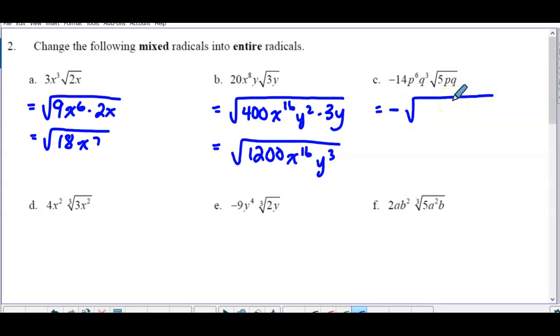And then 14 squared is 196. P to the 6 squared is p to the 12. Q cubed squared is q to the 6 times 5pq. And then simplify.